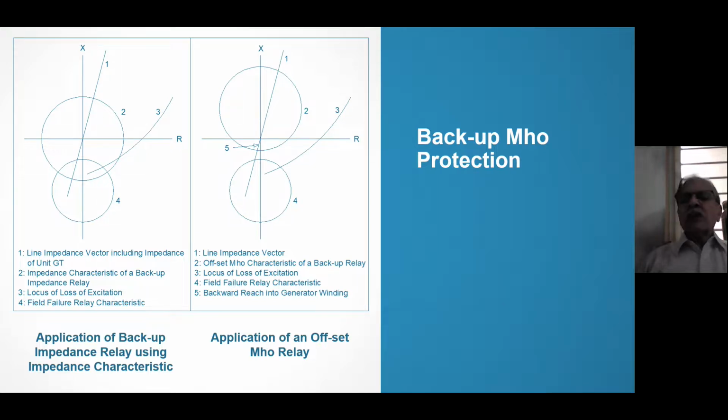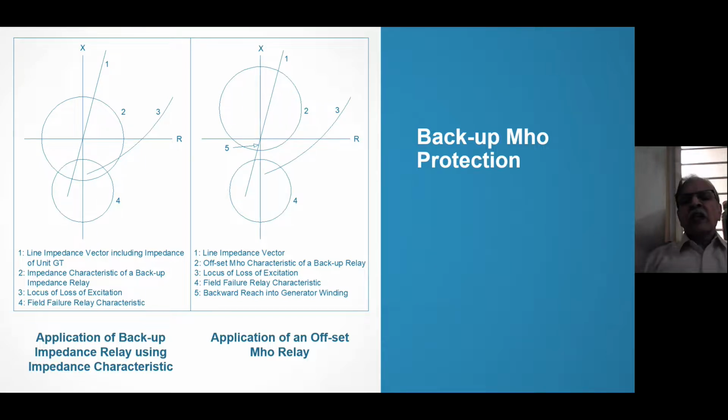That is, now the fault is facing the synchronous reactance of the generator, XS or XD, whatever you call it. The value of XS is 225%, and therefore the fault current is less than half the rated current. So you cannot provide backup.